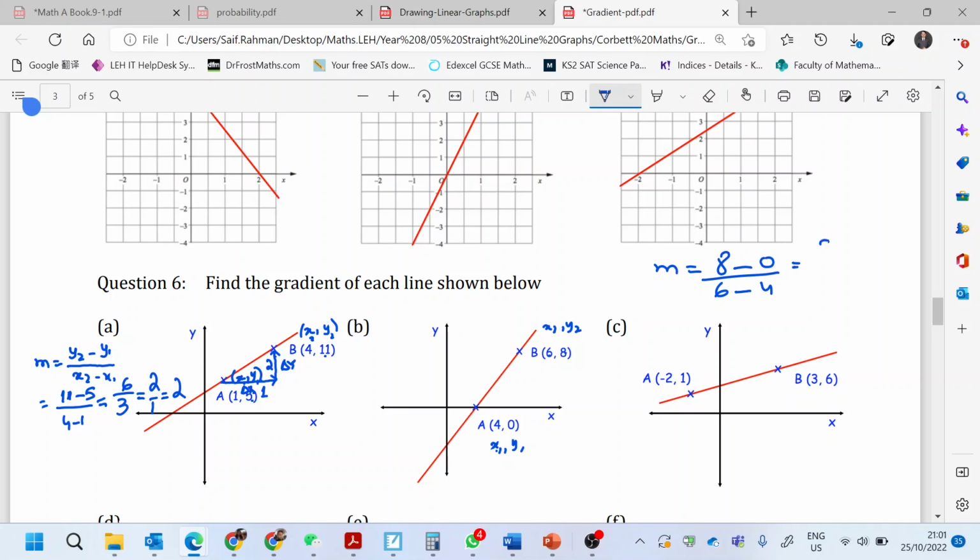So 8 minus 0 is 8, divided by 6 minus 4 which is 2. So this gives us 2 fours are 8, 4 over 1, or simply 4.